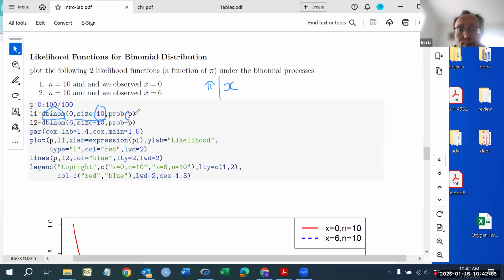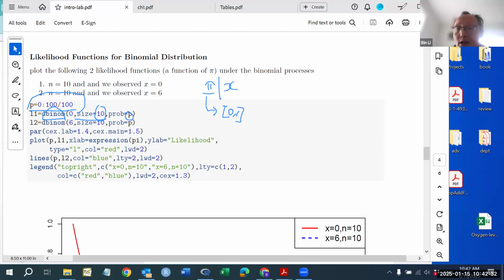The probability is p. I set it as p because here pi is changed; it is a random variable. So what is the range for pi? Of course, it's from 0 to 1. So in R, I set p from 0 to 100 divided by 100.